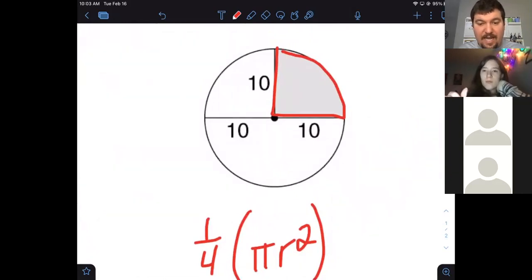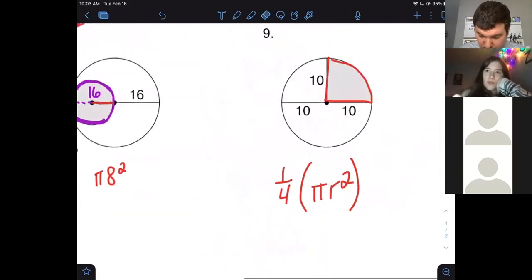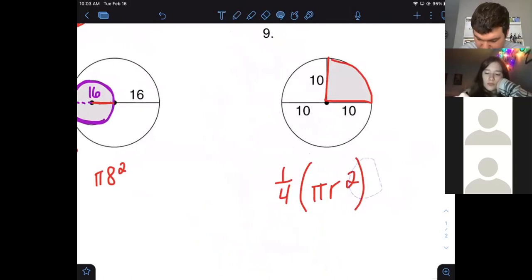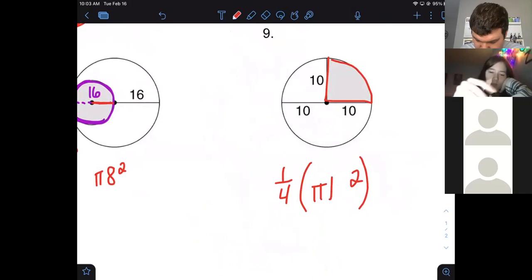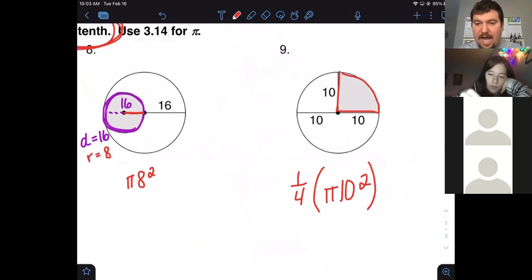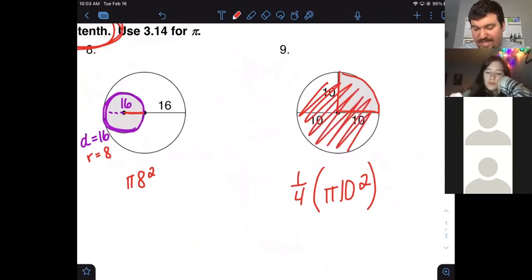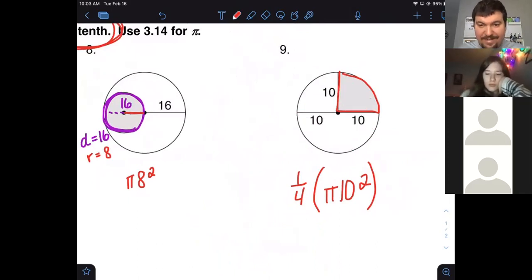They tell you that it's 10. So I'm not going to write r. I'm going to write 10 for r, for the radius. So pi times 10 squared would give you the full circle. If you divide that final answer by 4, you'll only get the quarter circle part that you want right there.